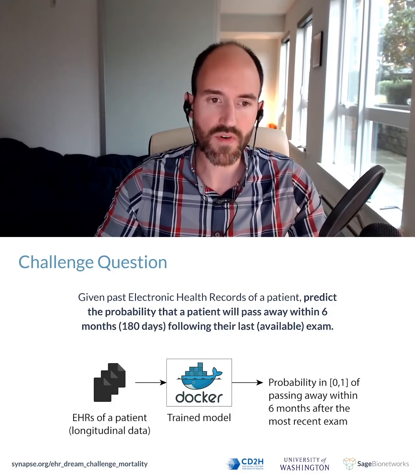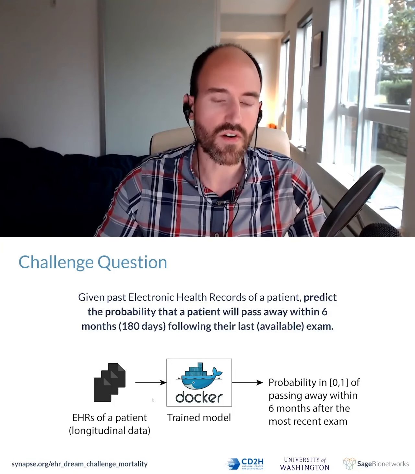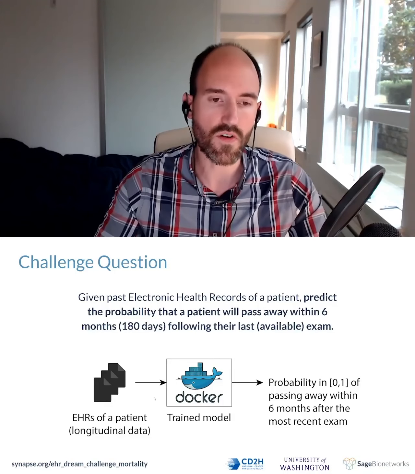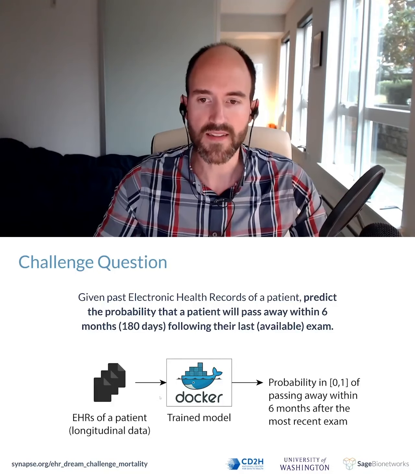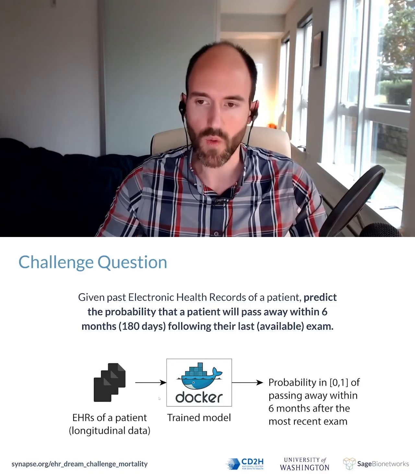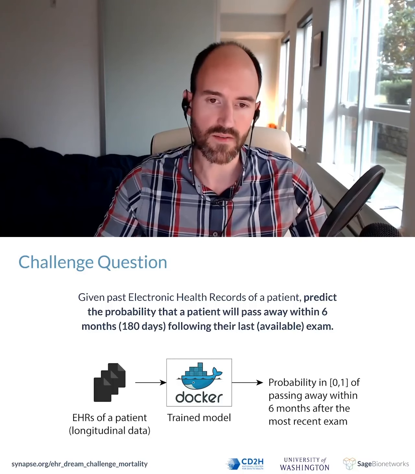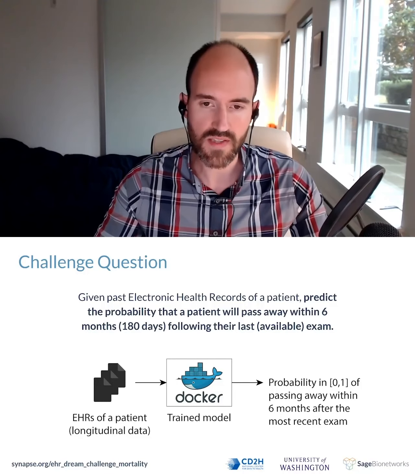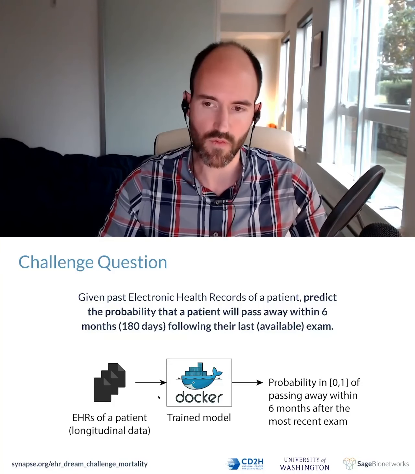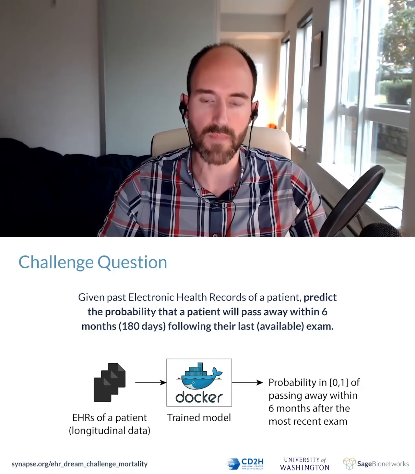And what this model took as input is a collection of EHR data, so electronic health record for a given patient. And then what we ask the algorithms is to output a number between 0 and 1, 1 meaning that the algorithm is sure that the person is going to pass away within 6 months after the last exam, and 0 meaning that the person will not die.